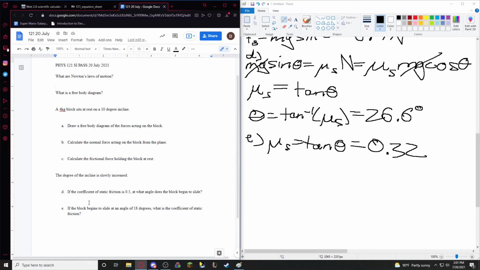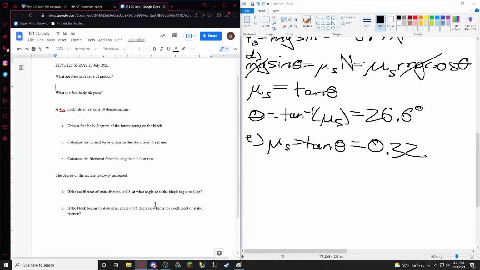Let's say our block begins to slide at our angle of 18 degrees, and it accelerates at half a meter per second squared. What would be the kinetic coefficient of friction? I don't know if the value would be realistic. It might be more than the static, but whatever. We're going to go with it.